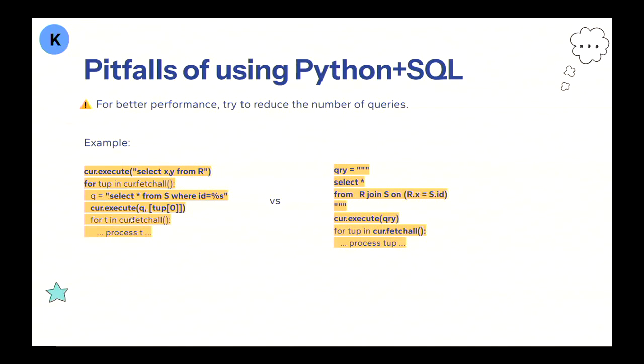So we are querying the database through the Python interface multiple times. And on the right-hand side, we only query the database once. So the overall performance of this piece of code is much better than the one on the left. So this is something you should keep in mind.